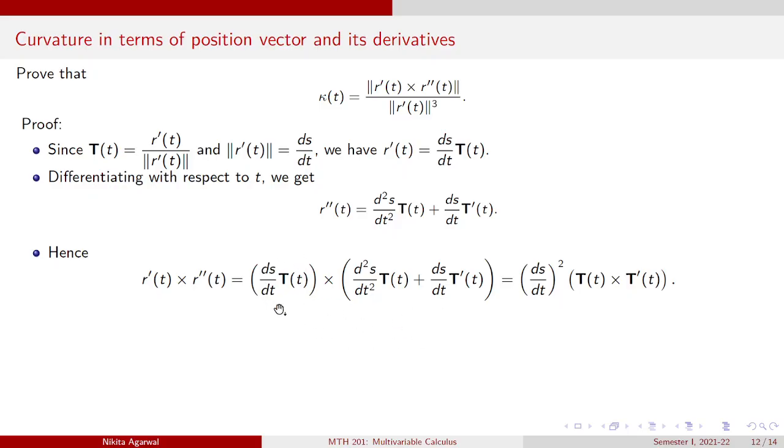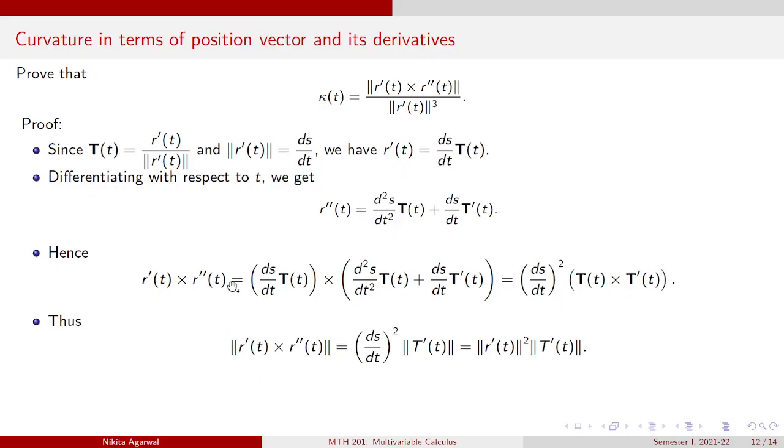This is first ds/dt T(t) cross d²s/dt² T(t) plus the second term. But the first term gives no contribution, because T(t) cross T(t) is 0. So you get only the second term, which is ds/dt T(t) cross ds/dt T'(t), which becomes (ds/dt)² T(t) cross T'(t).